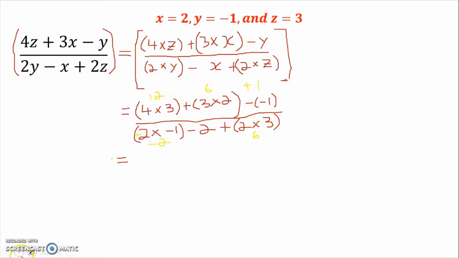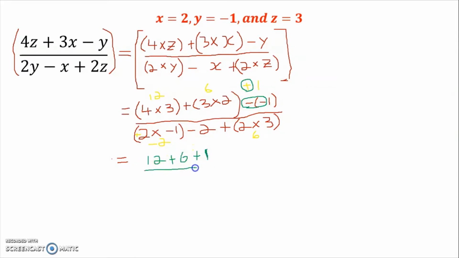So let's go ahead and write that down. We get 12, plus, we bring down the plus sign, 6, plus 1. Remember the resulting positive sign we got here because of the product of these two signs. Negative times negative is positive, so we get plus 1.